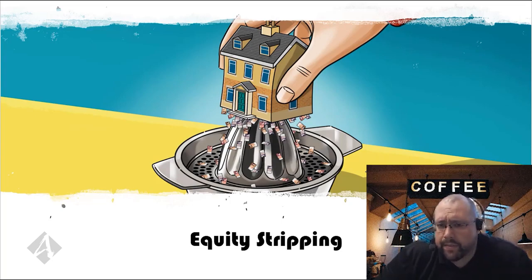The other route is if you don't want to work through a bank or don't want to access those funds, you can file what's called a friendly lien against your property. Say I have a rental property and I have $100,000 in equity.